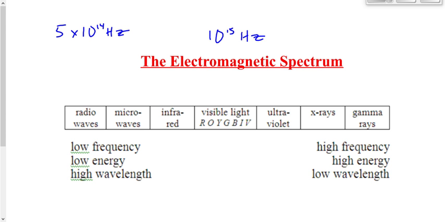Well, we got to be able to identify 7 different ranges of frequencies and wavelengths and energies for that matter. But the good news is, as I said yesterday, there's only 3 that you really have to memorize. Microwaves have a frequency range of 10 to the 9 to 10 to the 12. Visible light has a frequency range of 4 times 10 to the 14 to 7.5 times 10 to the 14.